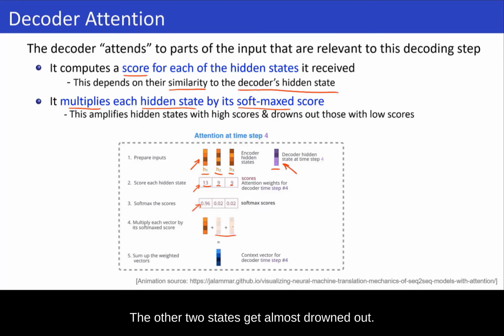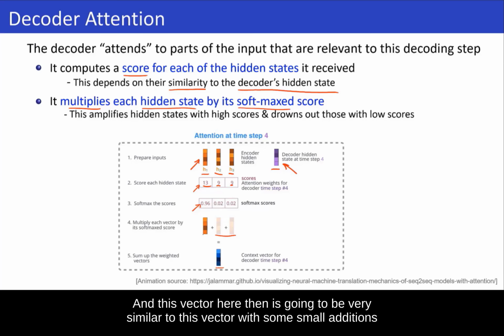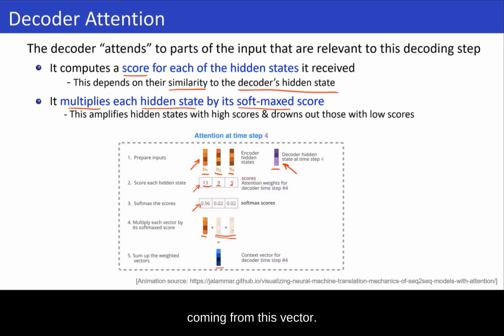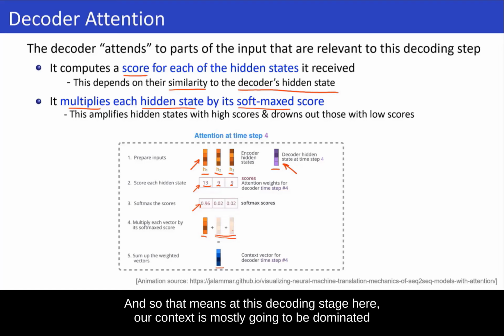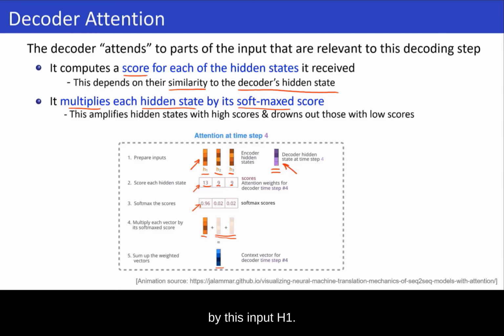The other 2 states get almost drowned out. And this vector here then is going to be very similar to this vector with some small additions coming from this vector. And so that means at this decoding stage here, our context is mostly going to be dominated by this input H1.